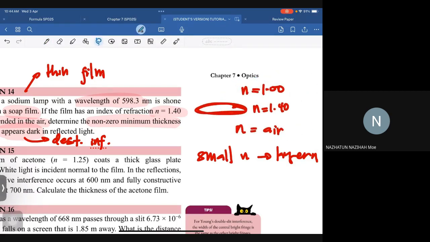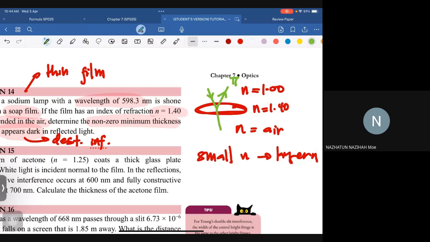Okay, so dari sini kita kena consider two rays. Okay, so the first one, it goes from 1 to 1.4. Okay, so dari kecil dia pergi besar. Adakah tidak pi radian phase change? Ya, ada. Okay, yes, ada. So ada phase change. Lepas tu, after they go through the soap ni, dia akan refracted.